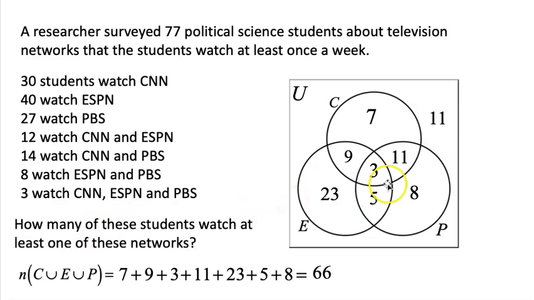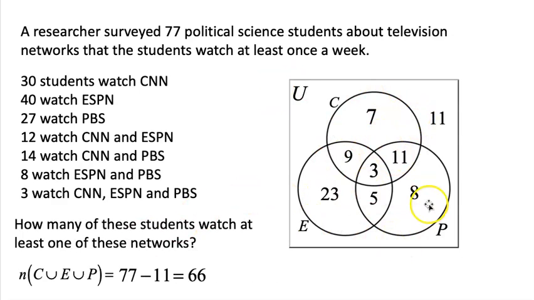Again, that's our union. That is everything in the 3 circles. Now, recognizing that we have 77 total, we could have just taken 77 minus 11, right? If there's a total of 77 and 11 in outer space, there's got to be 66 in the 3 circles.